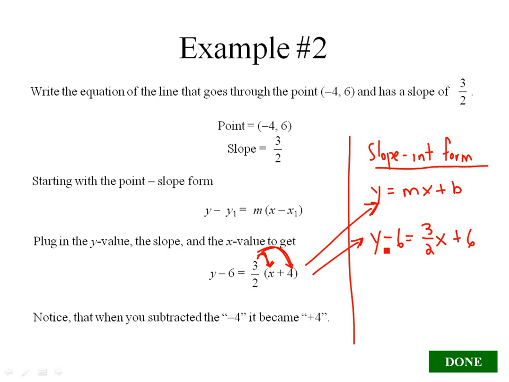Then, to get y by itself here, I will just add the 6 to both sides. Negative 6 plus 6 cancels. And we have y equals 3/2 x plus 12. This is slope-intercept form. You're done.